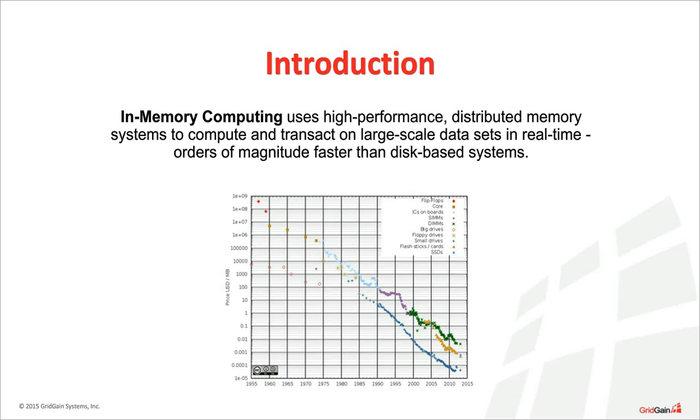The key was price. This is a chart on the slide showing the price per kilobyte for hard drives, flash, and RAM. It's really indicative of the current interest in in-memory computing that the price of DRAM is going down almost 30% year over year. On the chart, the blue line at the bottom is the hard drives, the yellow line is flash, and the green line is DRAM.